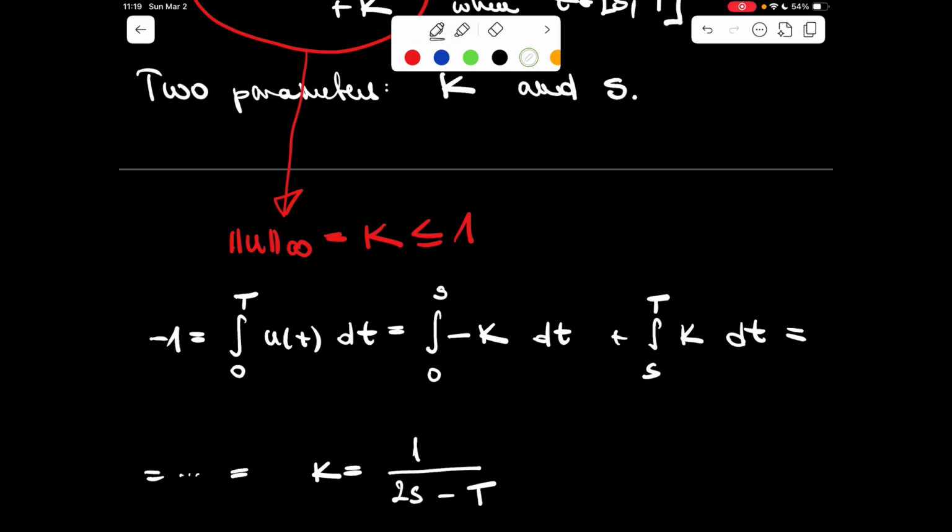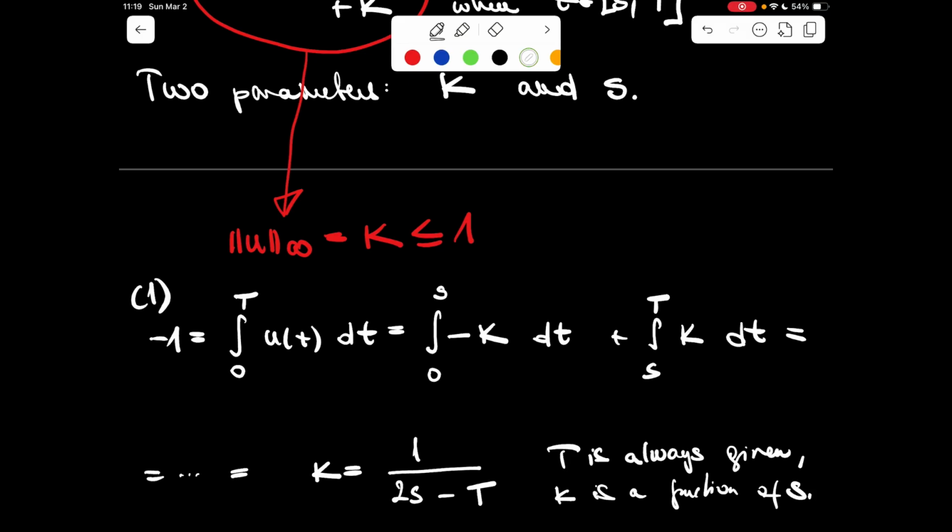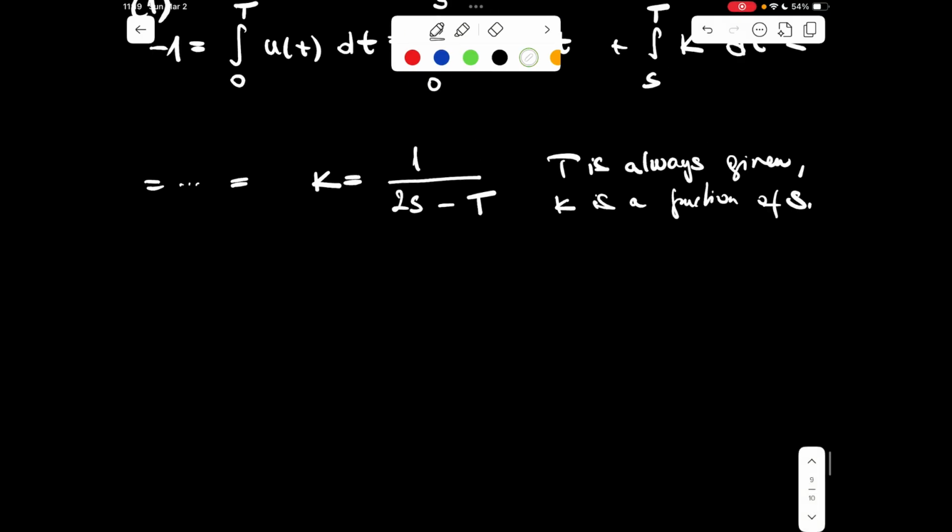This is elementary calculus. So t is given. And k is a function of s.